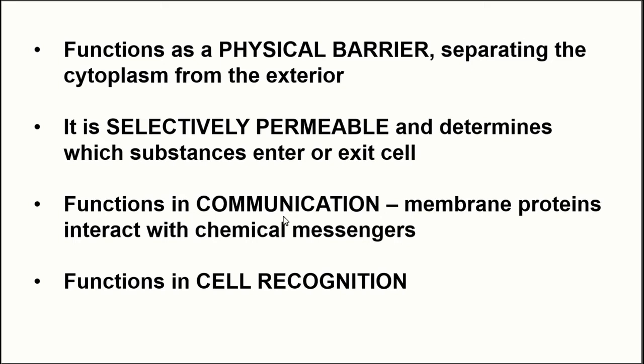So even though that chemical messenger couldn't cross the plasma membrane, it still influenced what was going on inside of the cell. The plasma membrane also permits cell recognition, as the carbohydrates that cover its surface allow the cell to be recognized by other cells.